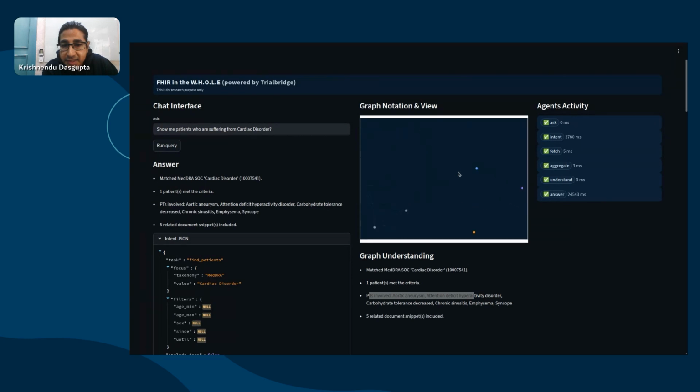Chronic sinusitis. Yeah, so if you look into it, the cardiac disorder. The patient was reached with this node via syncope, and syncope can be part of a cardiac disorder, or it could be a nervous system disorder, or a vascular disorder.